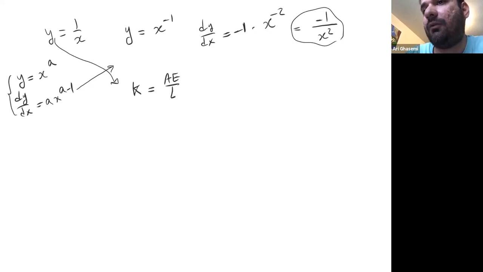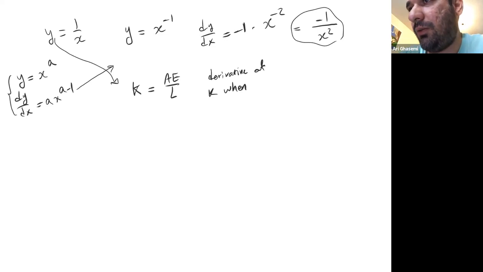Now I want to do the derivative of k, when, let's write it with a different color, only L changes.